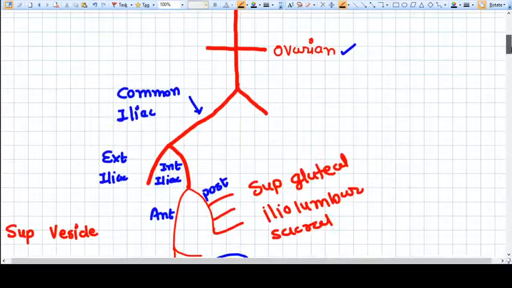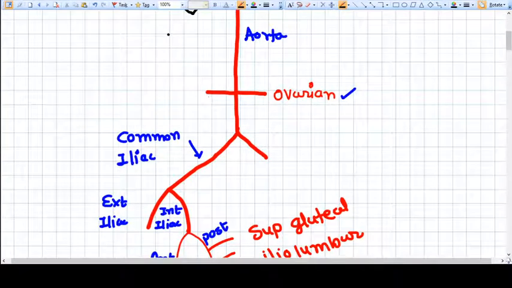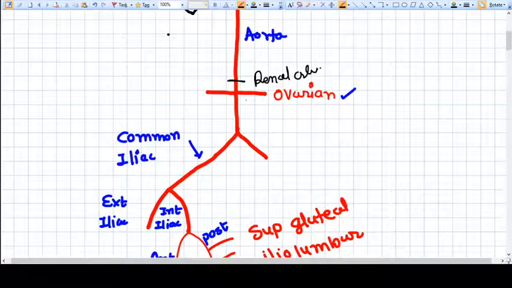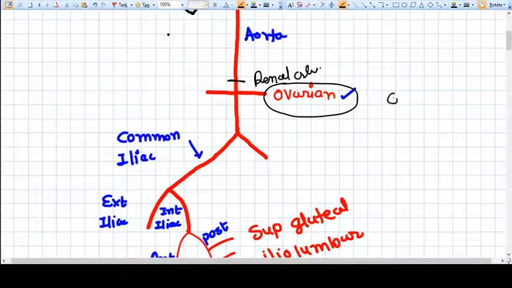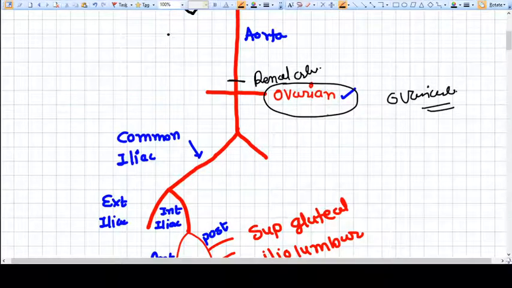Everybody knows this thing. Now, when it comes to the level of the renal arteries, just after the renal artery, the aorta gives a separate branch of ovarian arteries. So remember, the ovarian artery is a direct branch of the aorta. On both sides, left and right, the ovarian artery arises.